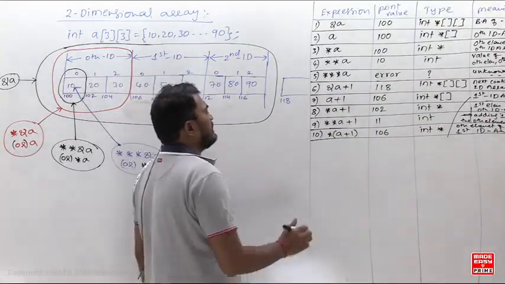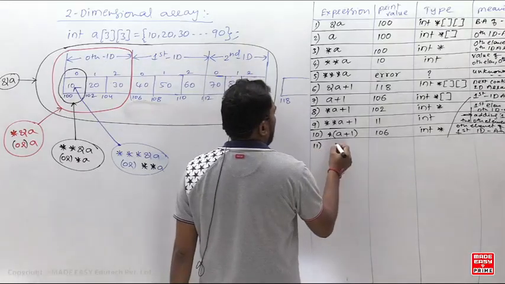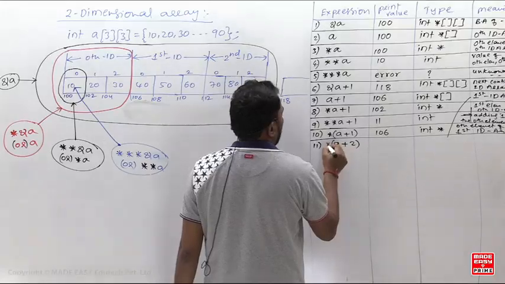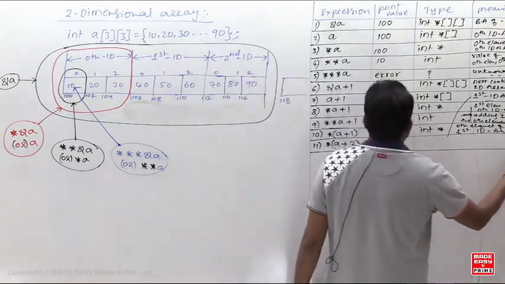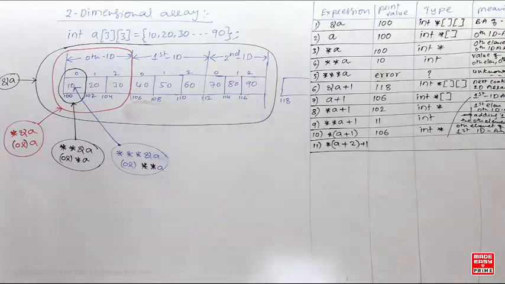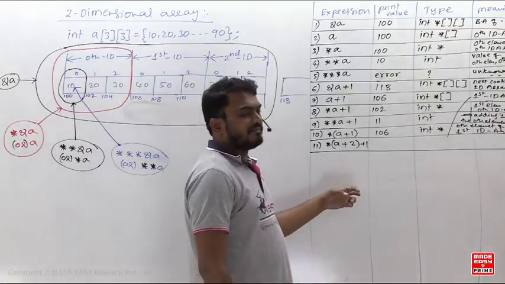Next, now tell me, the next interesting thing is coming. Now tell me here, a plus 2 whole star plus 1. Think carefully and tell me, a plus 2 whole star plus 1. Think carefully, this is interesting.